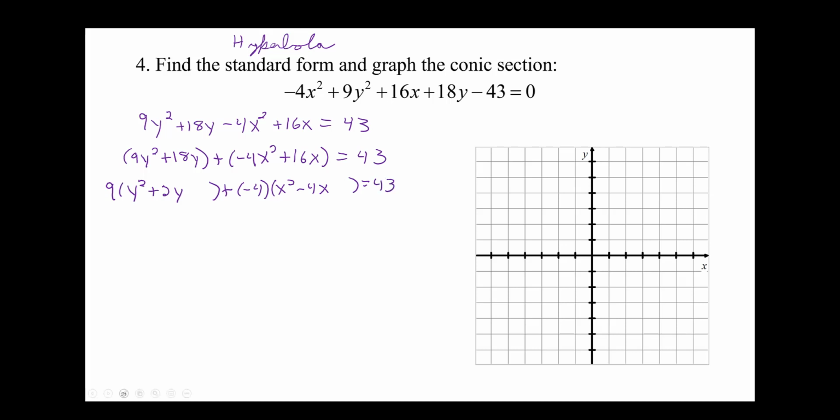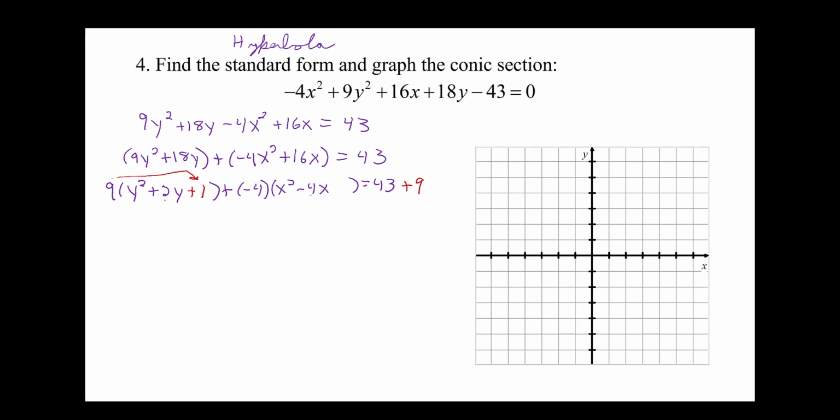And then let's see what we need to add here to complete squares. For the y's, I divide 2 by 2 and get 1. 1 squared is 1, so we have y² + 2y + 1. What I'm really adding here, though, is 9 instead of 1, so I'll add 9 to the right side as well.